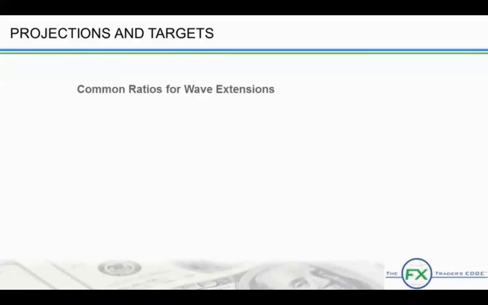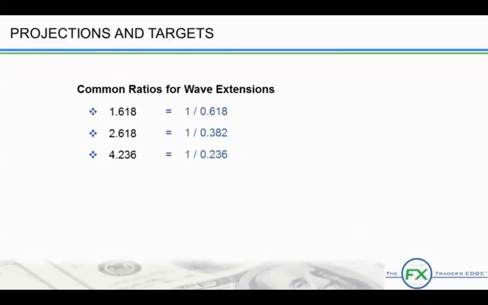For projecting wave extensions, we looked at the most common, being 1.618, 2.618, and 4.236. Recall these ratios are the inverses of 0.618, 0.382, and 0.236.